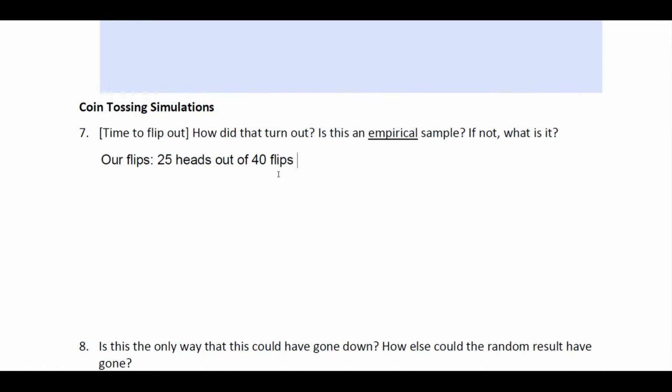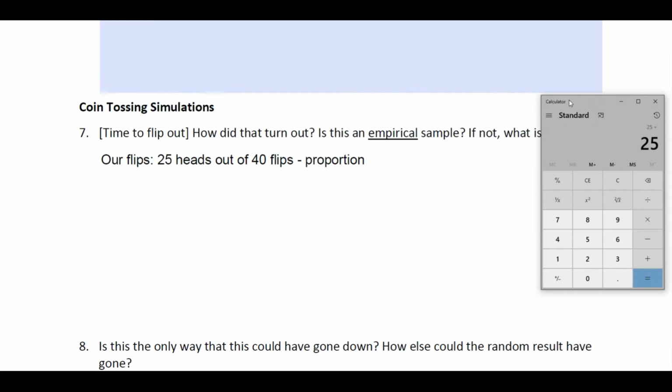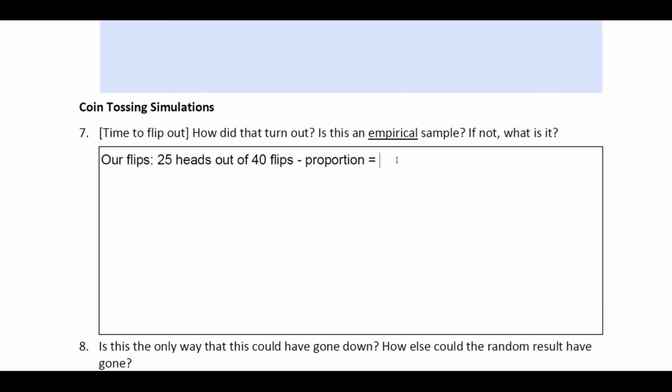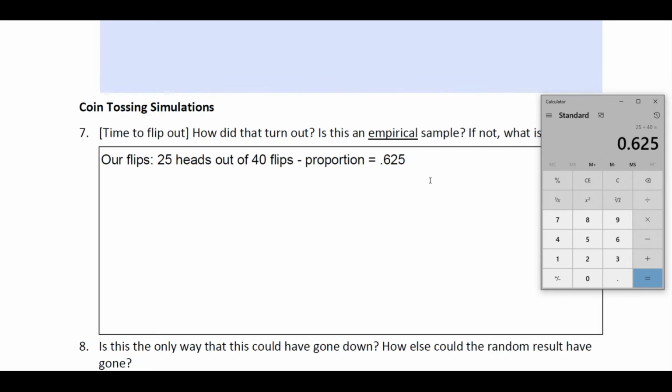So if we convert this to a proportion, 25 out of 40, that's 0.625, or 62.5%, right? For the sake of this classwork, I'm going to leave it written as a proportion because we're going to do a simulation, and the simulation uses proportions that look like this. If we put in 62.5, it'll yell at us.